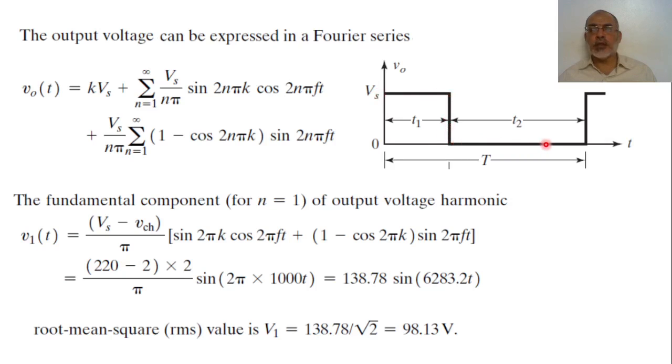We can find it as a rectangular pulse function, which can be represented in terms of a Fourier series as a DC component or average component, plus a series of cosine 2n pi ft terms with amplitudes, and plus a series of sine 2n pi ft terms with amplitudes, from n equals 1 to infinity.